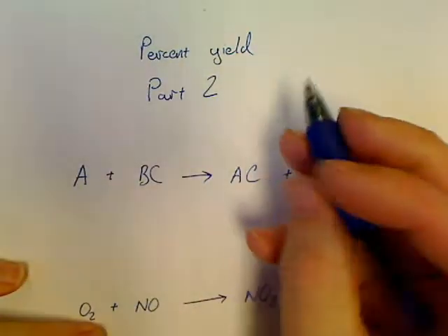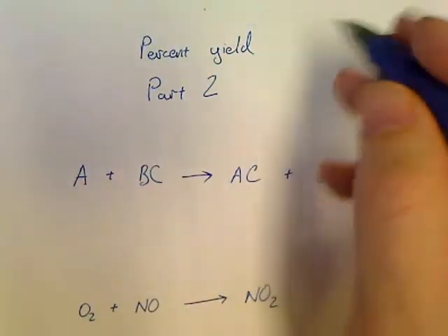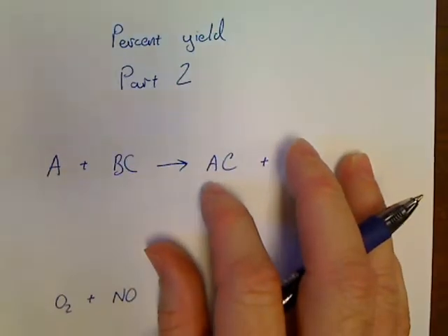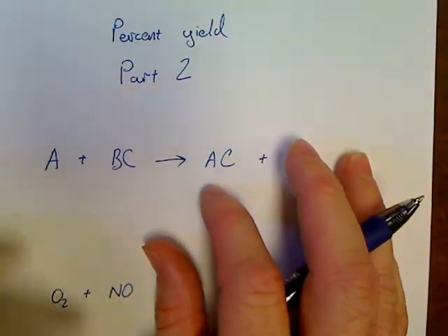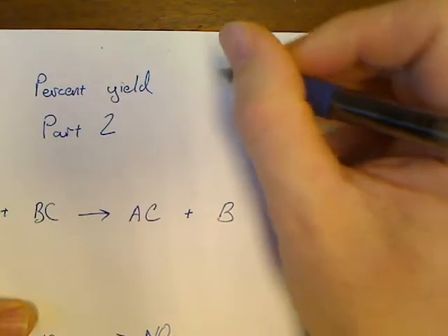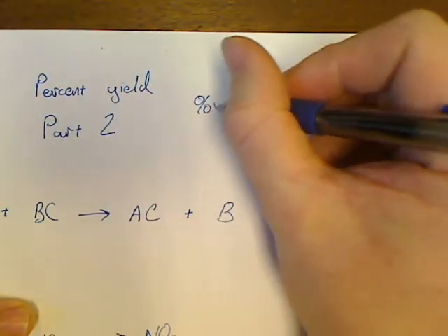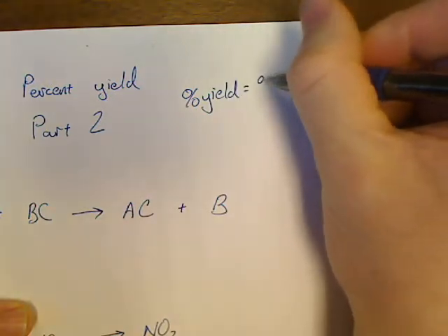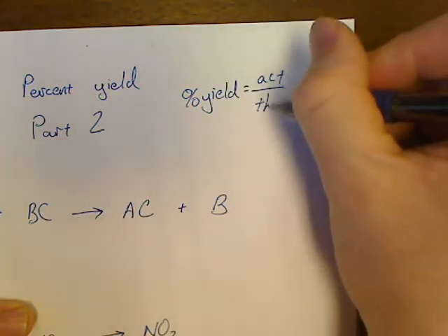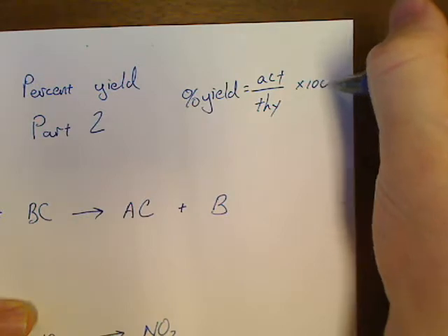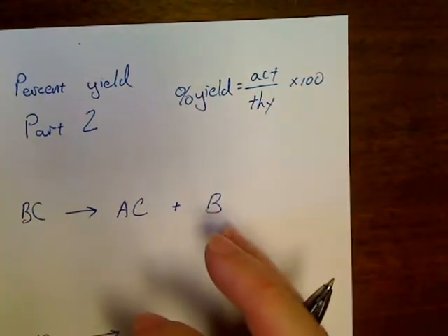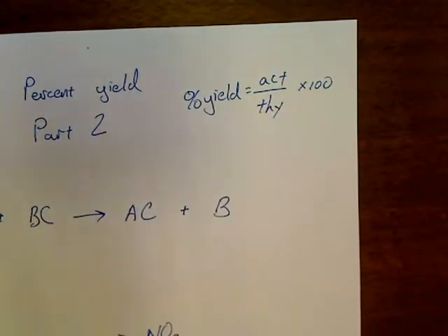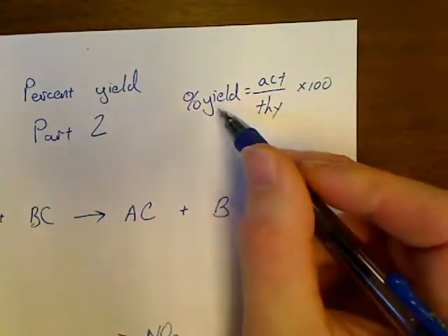So in the first percent yield videos that we did, we were looking at problems that wanted you to find a percent yield. In other words, you took the percent yield equation, percent yield equals actual over theoretical times 100, and you used that formula to get an answer for percent yield.